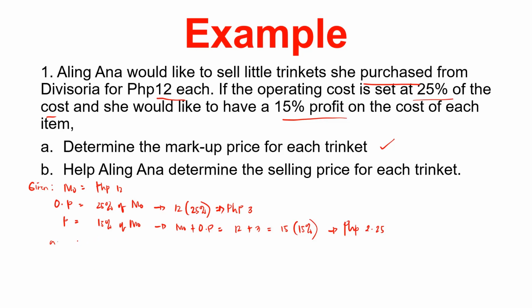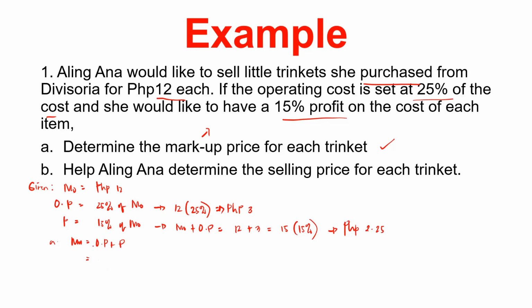Okay? Ano ba yung tinaas nung kanyang, ano ba yung markup? Ito yung operating cost and the profit. Okay? So para makuha natin si markup, we are just going to add the operating cost and the profit.